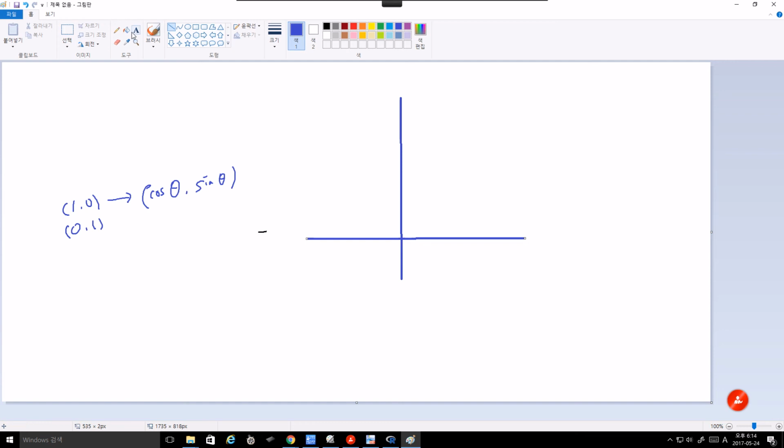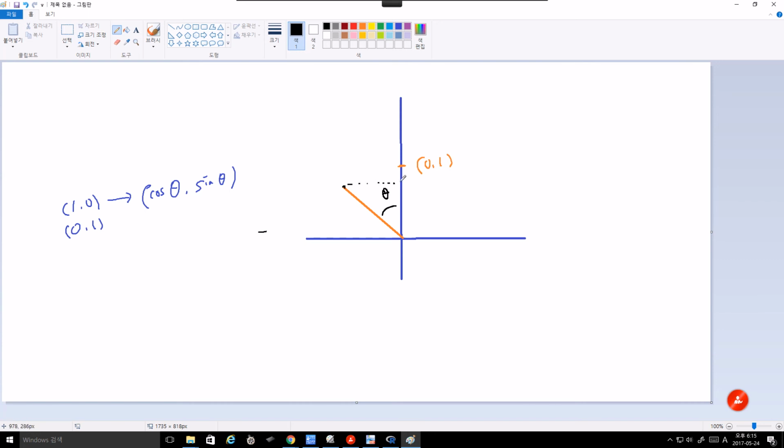This one is (0, 1), and then I do the rotation this way, and let's say this is theta. I am interested in this point first.